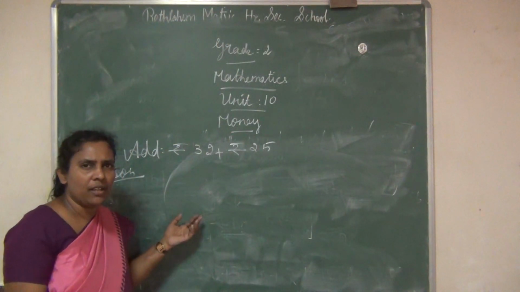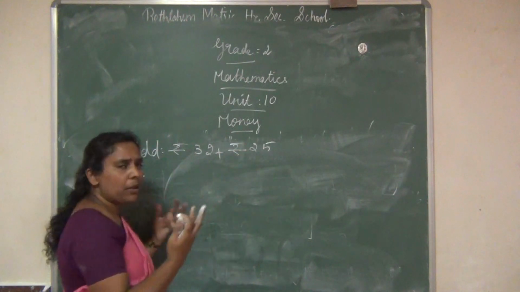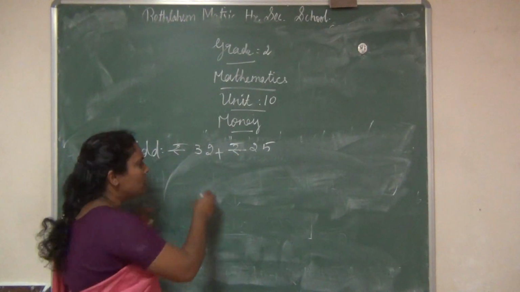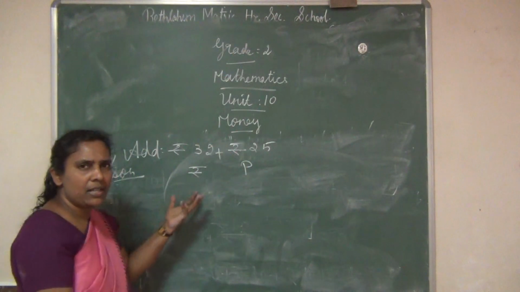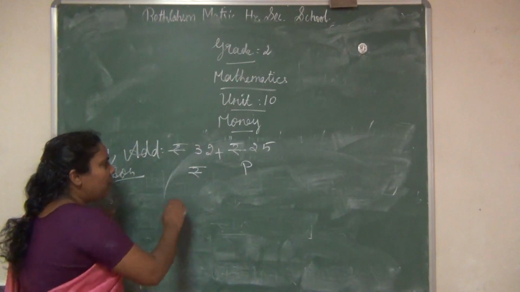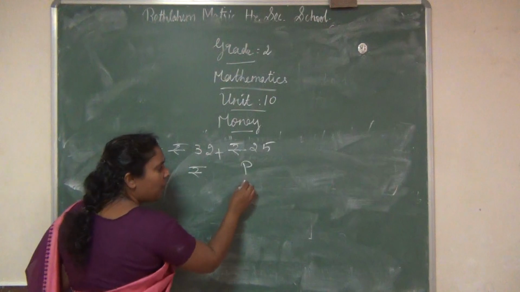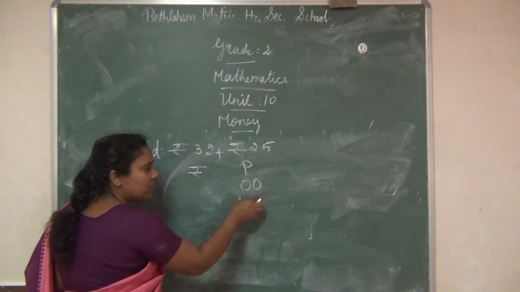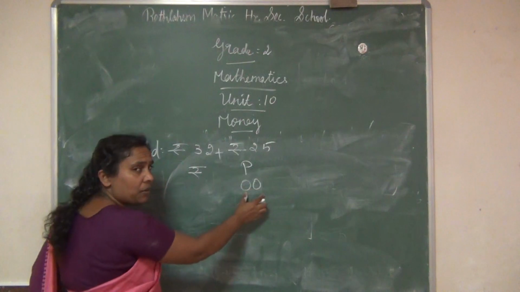Is it addition? Listen. For addition, only rupee is given. Here no paisas are given. So first you should write rupee and pice. Here is there paisas given? No pice. So we should write rupees and pice, but in the place of pice we should put zeros because no pice are given. We should put 0. Okay.